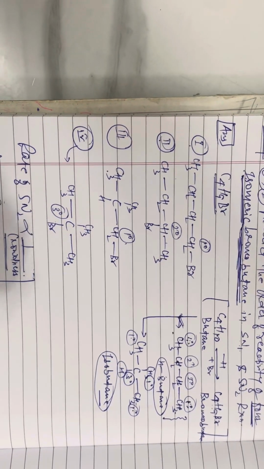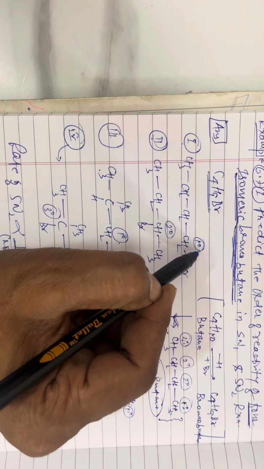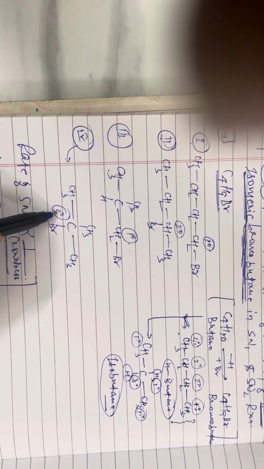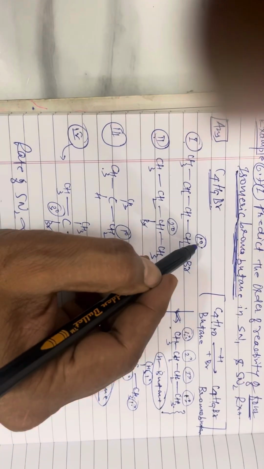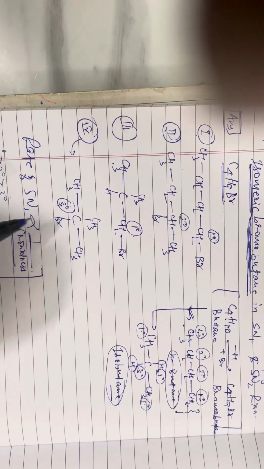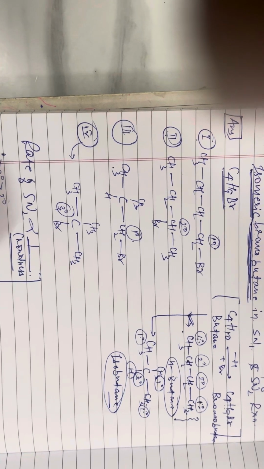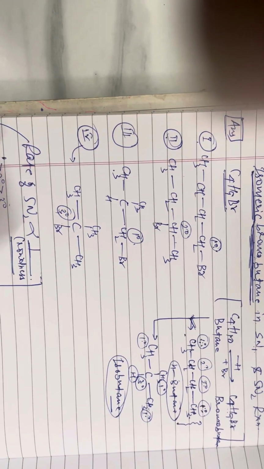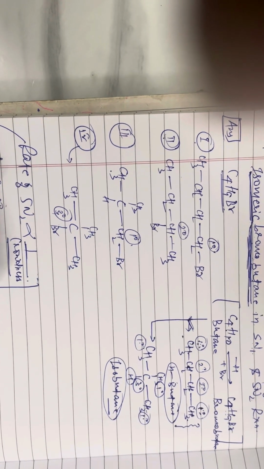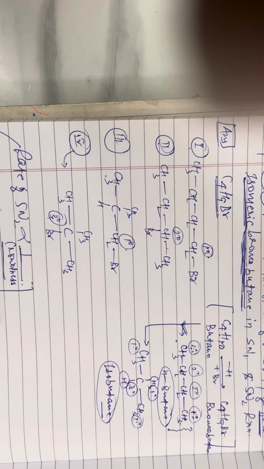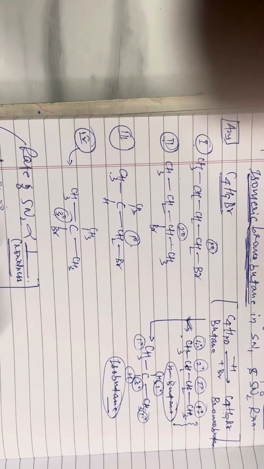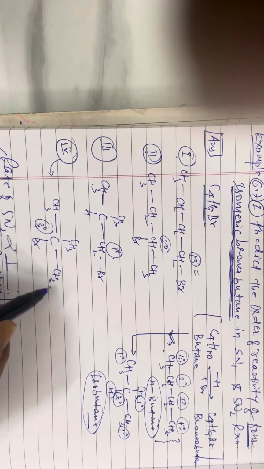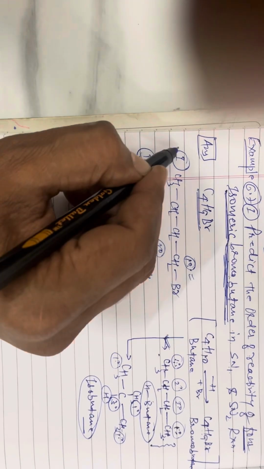So here this is 1 degree, where we have the maximum rate of SN2, and this is 3 degree, where we have the minimum rate of SN2. The maximum is in the first, and the minimum is in the fourth.